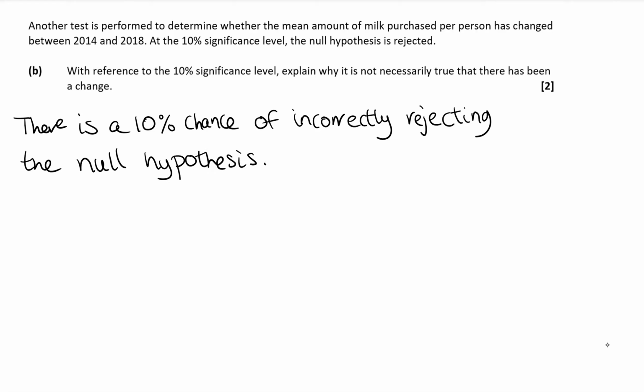Okay, so that's what a 10% significance level means. If you had a 2% significance level, that would mean there is a 2% chance of incorrectly rejecting the null hypothesis. So that's all you really need to put for that part B.